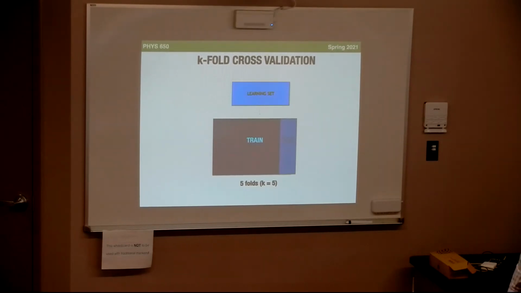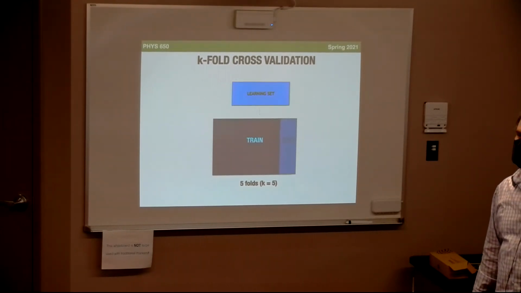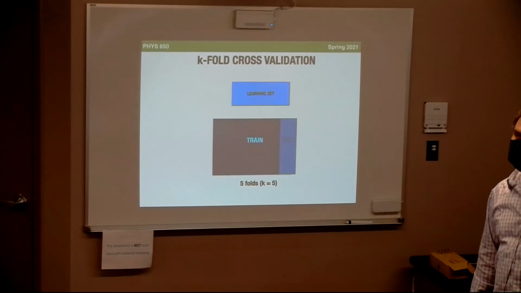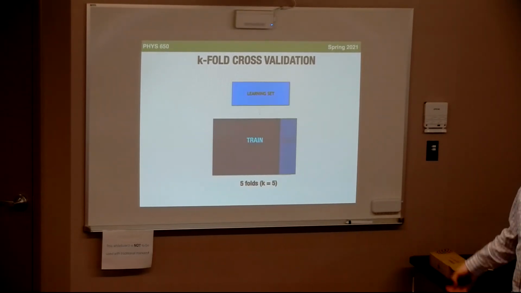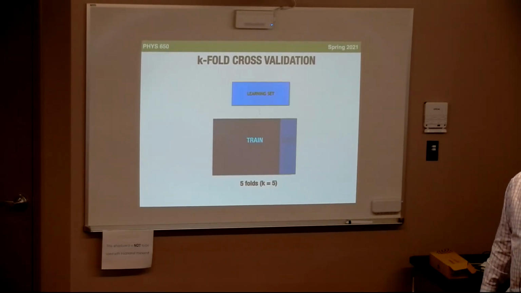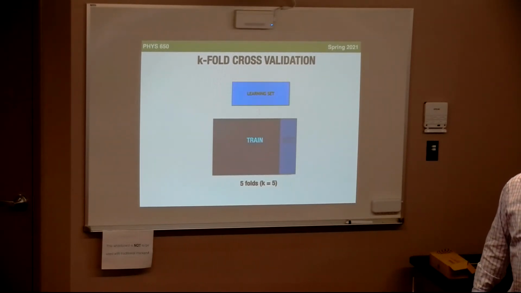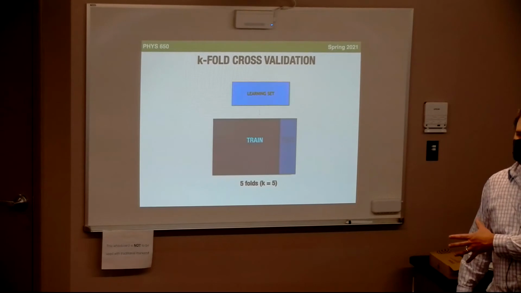Why does that sound familiar? What does that remind people of? I'll split my sample and redo it, and then take the average and the standard deviation of the results I'm getting. This is bootstrapping. It's bootstrapping with machine learning because we have a giant computer that can do it anyway, but it's the same trick.